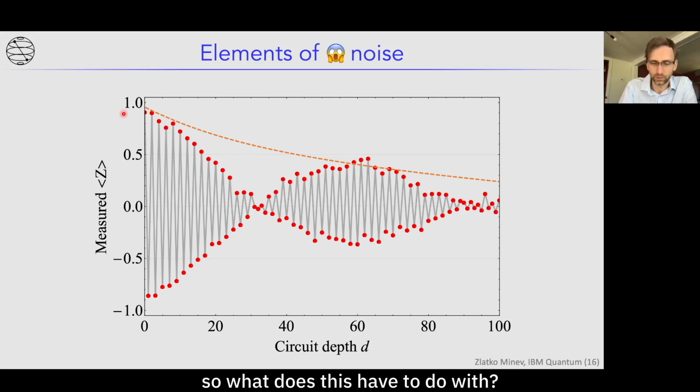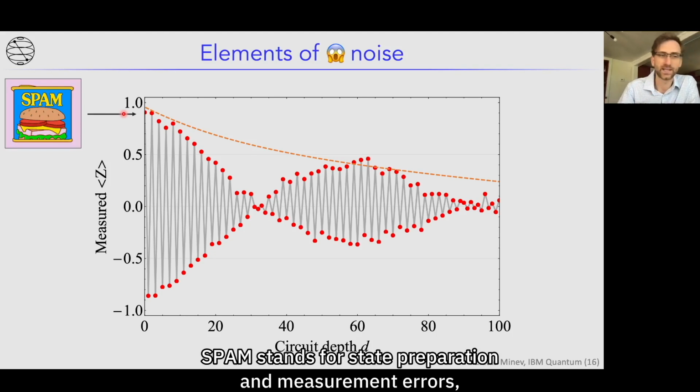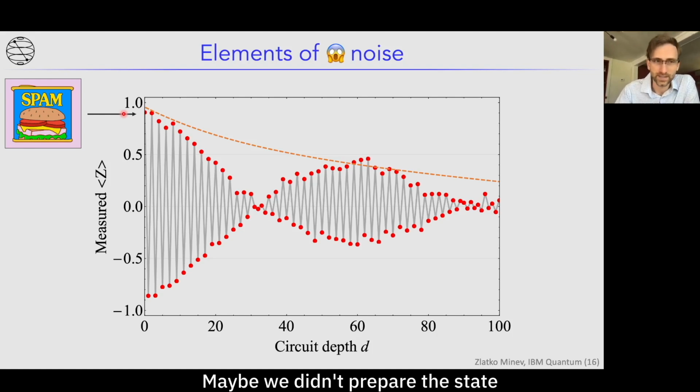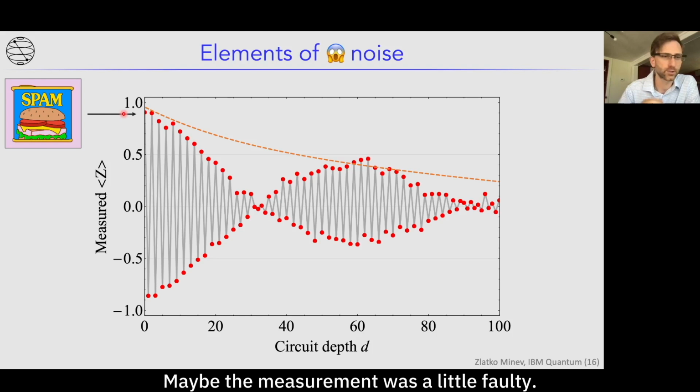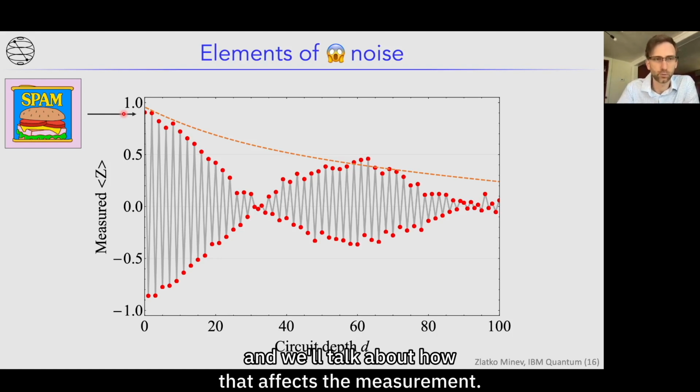So what does this have to do with? Well, there is SPAM. SPAM stands for state preparation and measurement errors, or noise. Maybe we didn't prepare the state as ideally as we wanted to. Maybe the measurement was a little faulty. All of these kinds of errors can get lumped into SPAM, and we'll talk about how that affects the measurement.